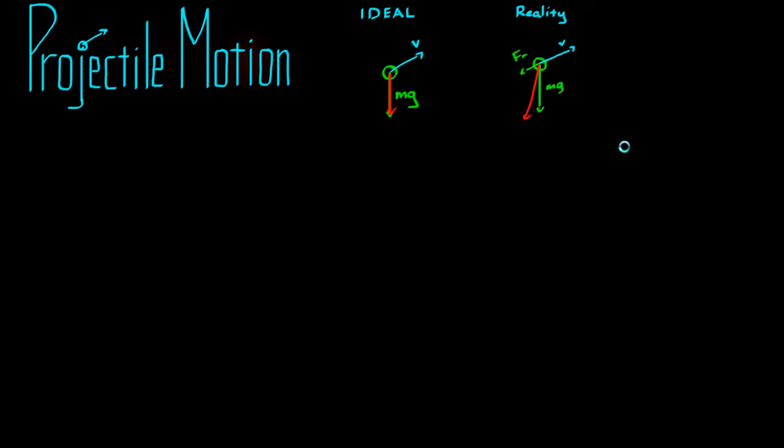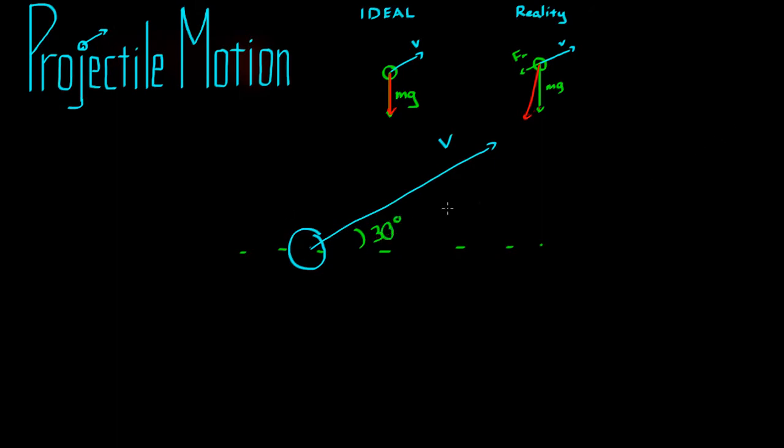So first of all, let's look at how a projectile in motion has both horizontal and vertical components to its velocity. Here's the projectile, and here is its velocity. Let's say that velocity acts at an angle of 30 degrees to the horizontal.